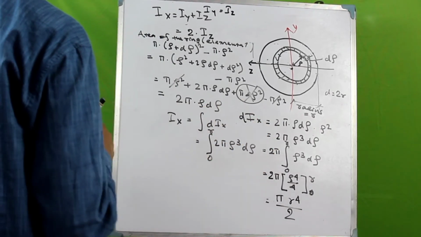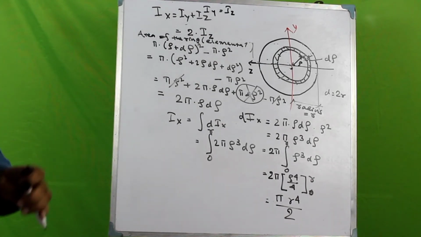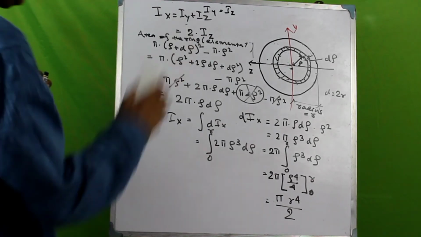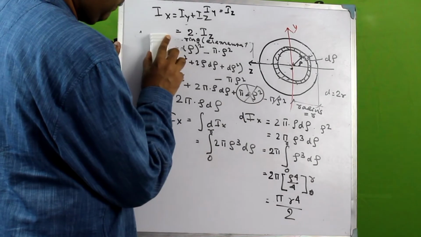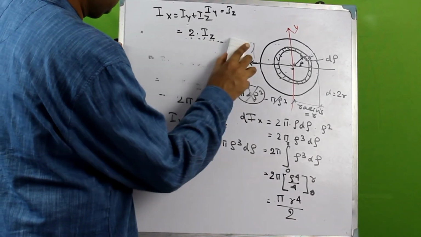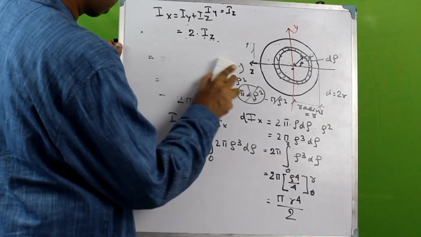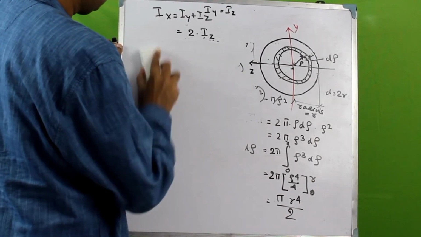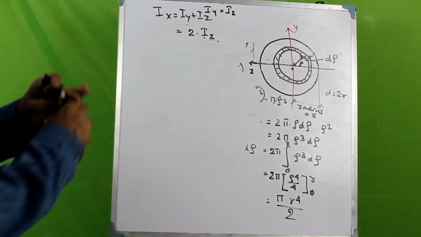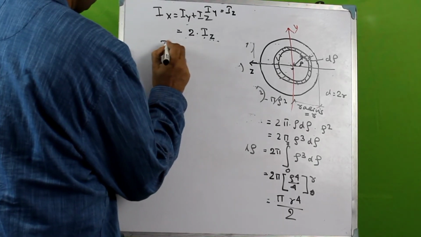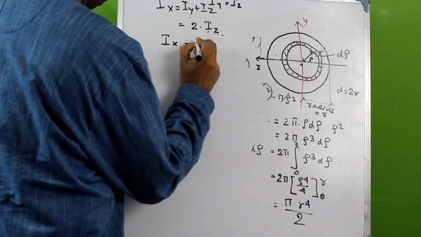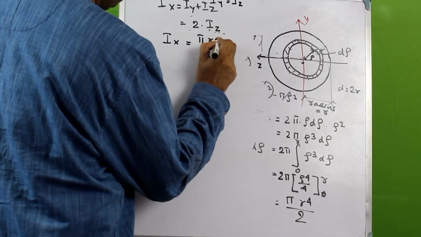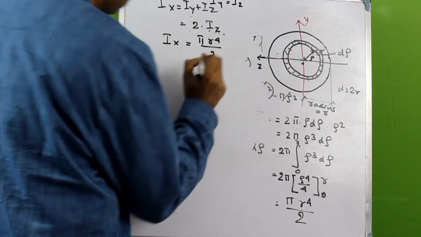Okay, so now let me wipe off this deduction here, and we just retain what we have derived, that is our Ix is represented as pi r to the power 4 by 2.